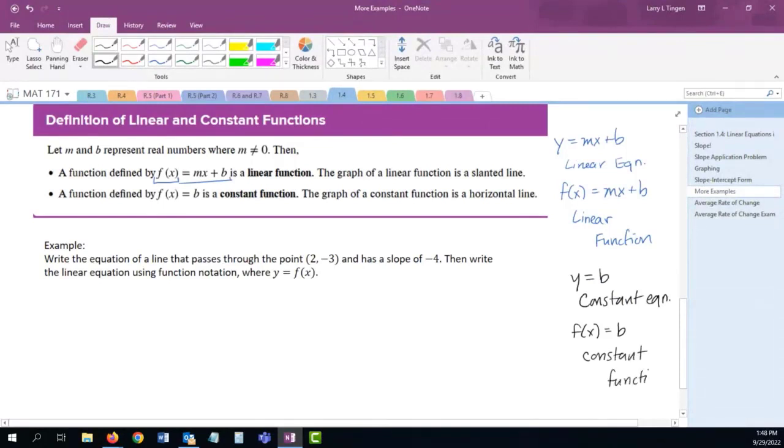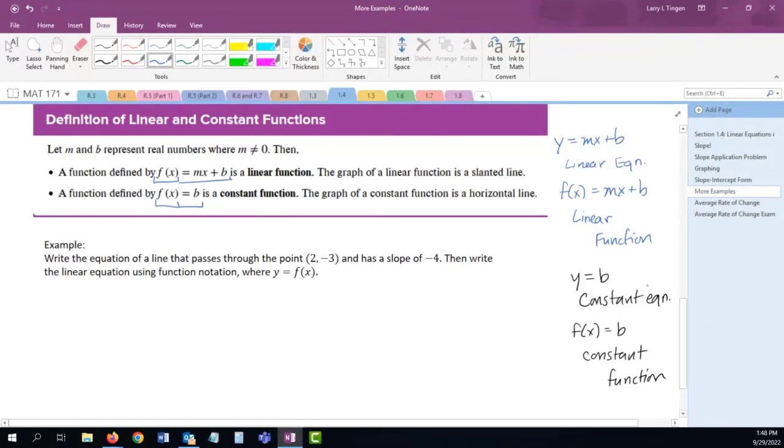Not a very useful function for the constant one, because what's inside the parentheses has no impact on the right-hand side. But I just want you to get used to when they swap back and forth. If they call it a constant function, then they're using function notation to name it. If they're just calling it a constant equation, then they're just going to use y equals b instead of f of x. Okay.